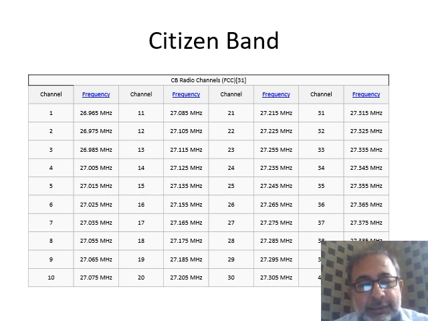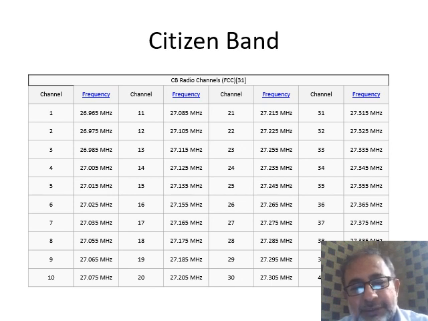Here is the distribution of the citizen band radio channels. We have different frequencies on which different channels are sent. We've got 40 different channels which use different frequencies. You can see the difference between them: 26.965 and 26.975.